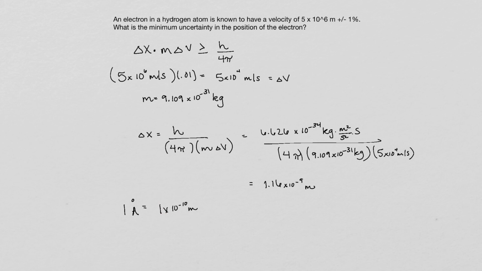Compared to something like a ping pong ball, there's no way that you're going to be that off in the location or speed of a ping pong ball because the ball is so much greater than the uncertainty.